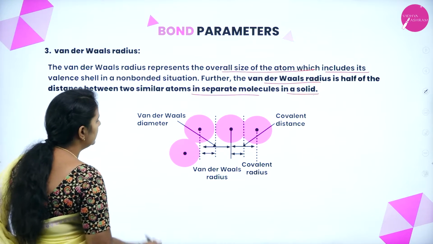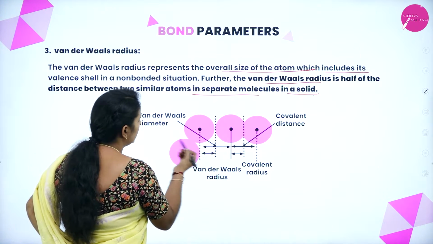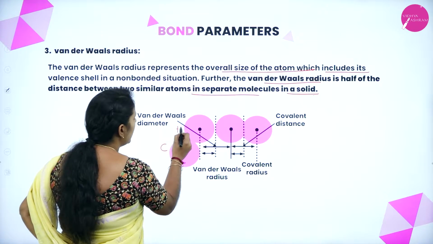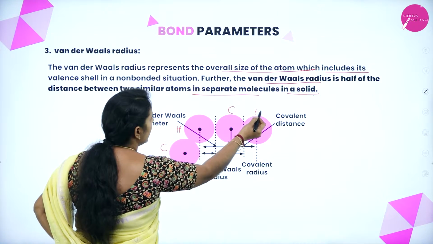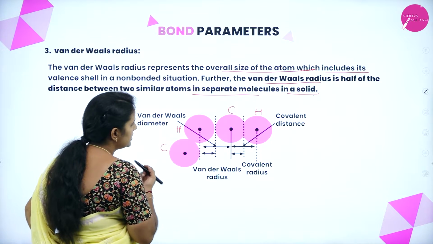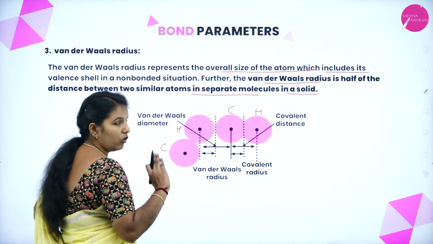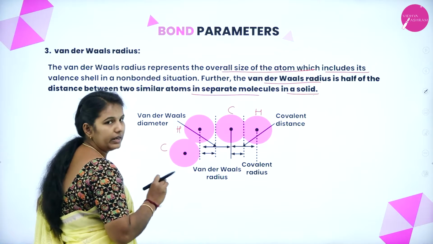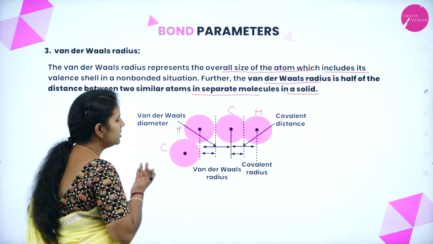You can see that these two form one molecule. Consider this is a carbon and this is a hydrogen. Similarly, consider this is a carbon and this is a hydrogen. Okay. You can see that the distance between the overall atoms is indicated by what? Van der Waals radius.